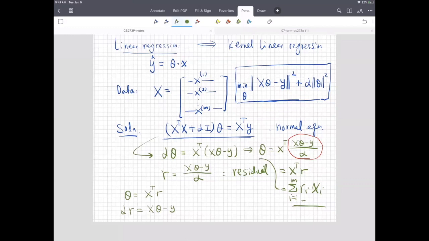Which means I can combine these two to derive a function of r only. You can do that by rewriting the function as x x transpose r minus alpha identity matrix times r equal to y. You can reformulate the function in this form. If you do that, you can construct the so-called kernel version of the linear regression. Let me go back and show you what this looks like.